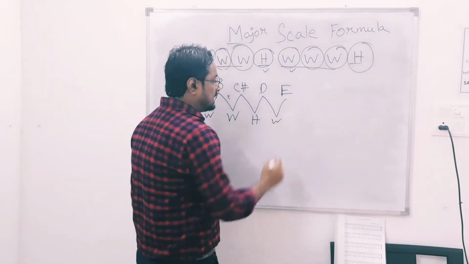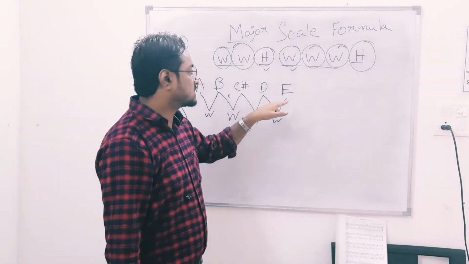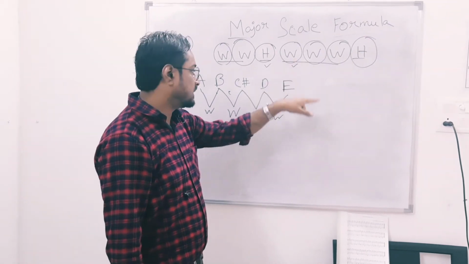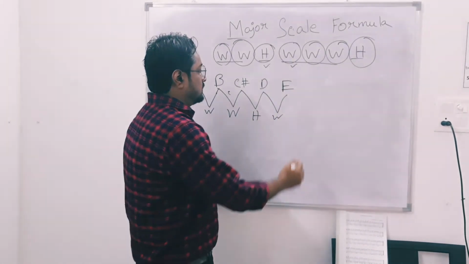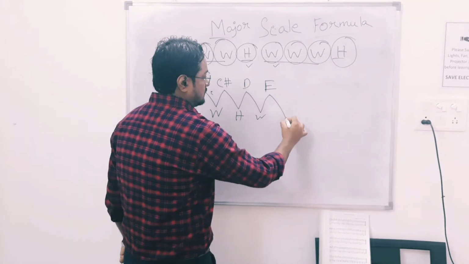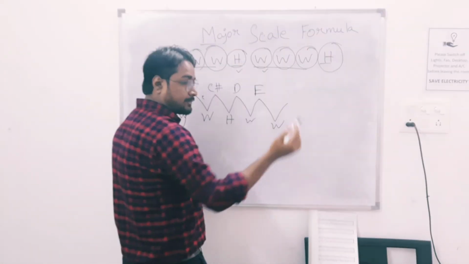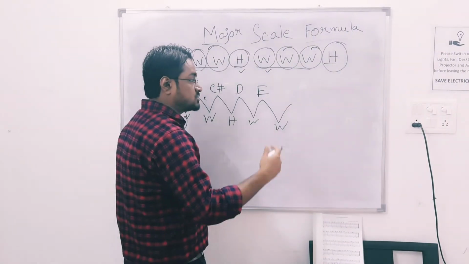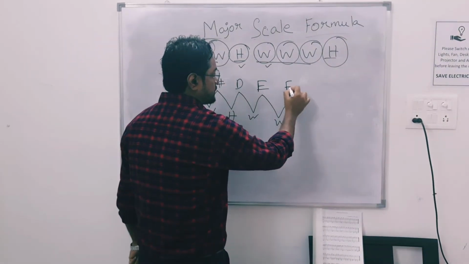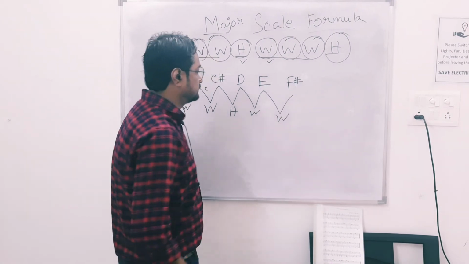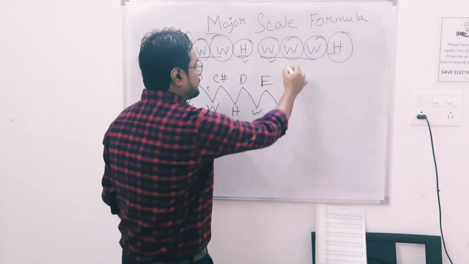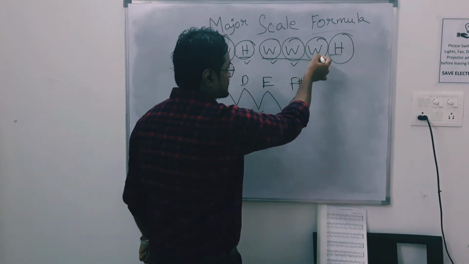Now it is E. After E comes F, but now we have to make a whole step, so we have to skip that F and jump to F sharp. One more whole step we have made.